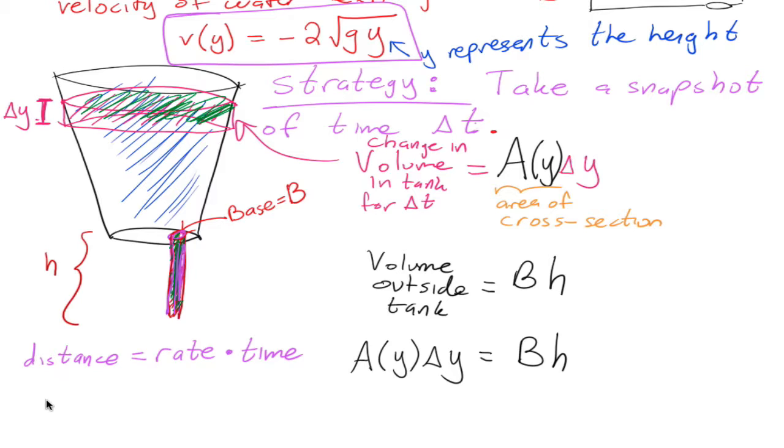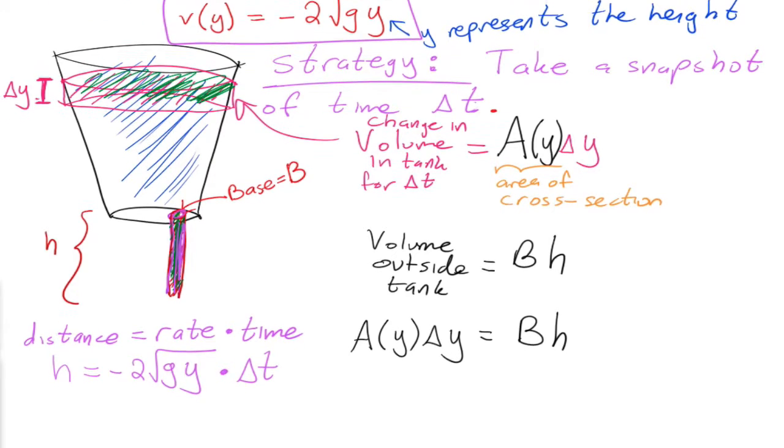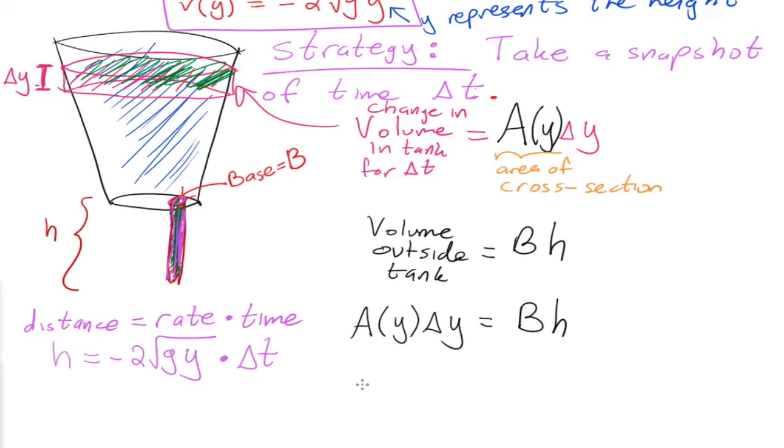So H here is equal to the rate, which is negative 2 square root of g y, and times time, which is delta t. So if we plug that in, we would get A of y, delta y, is equal to the base of the hole, the area of the hole.